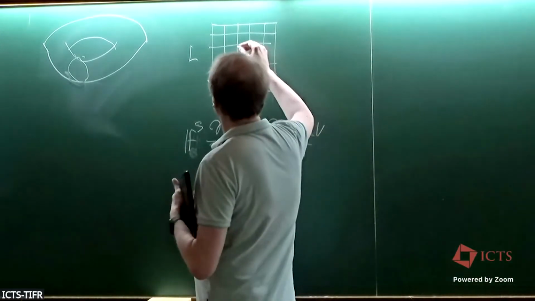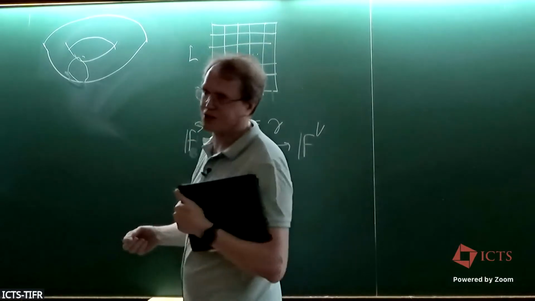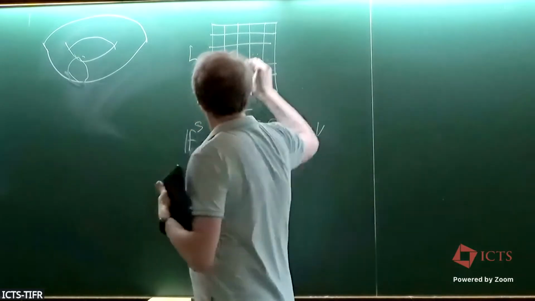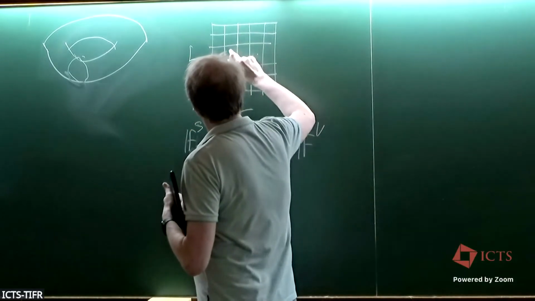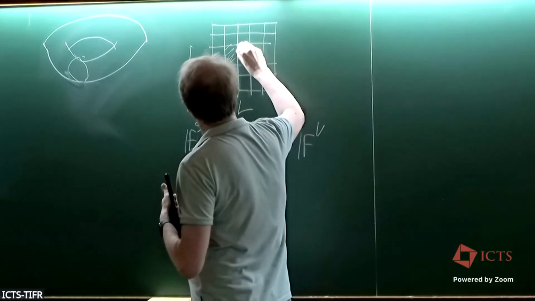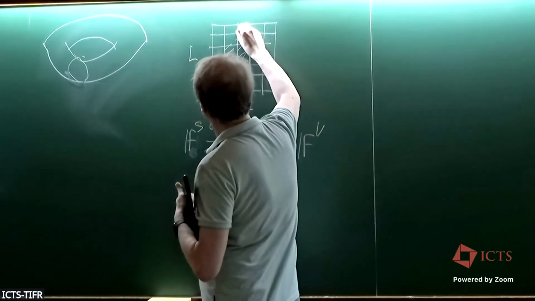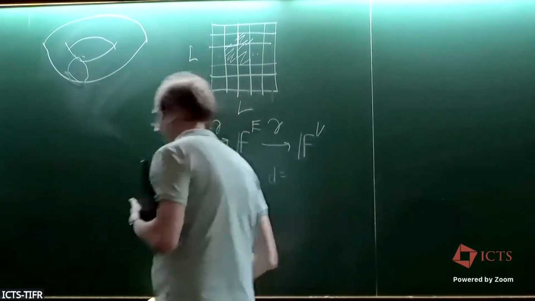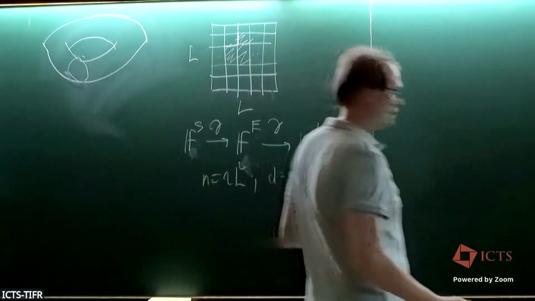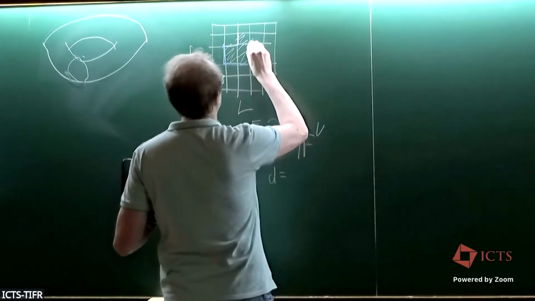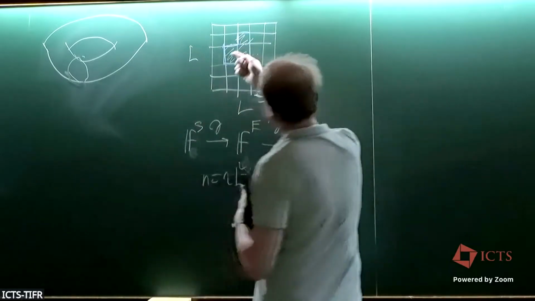What are degenerate code words here? The degenerate code words are boundaries. For example, I can take some squares and sum their boundaries, and here I have some boundary.